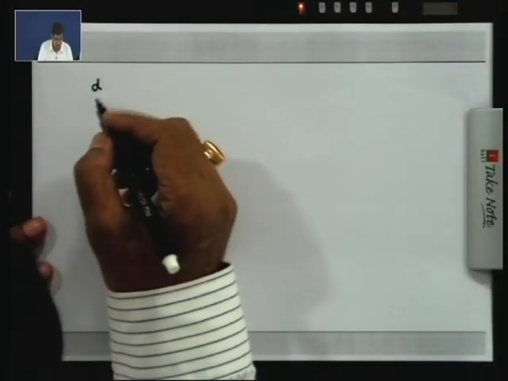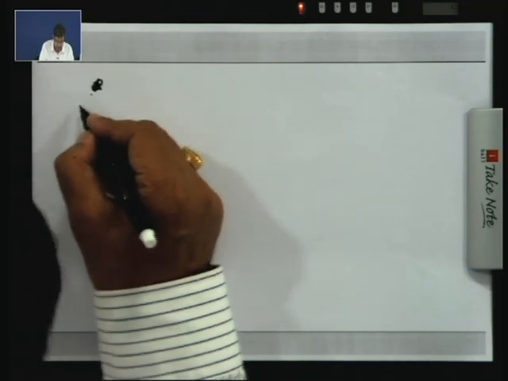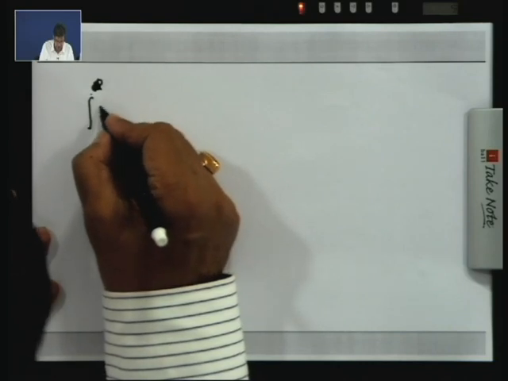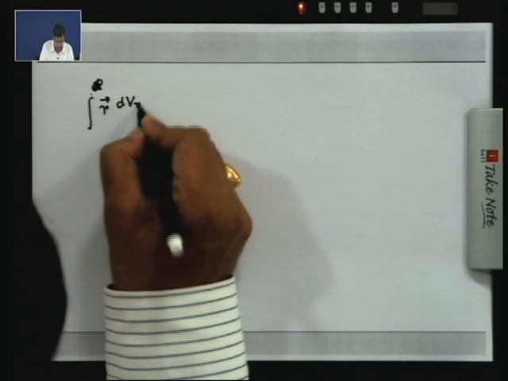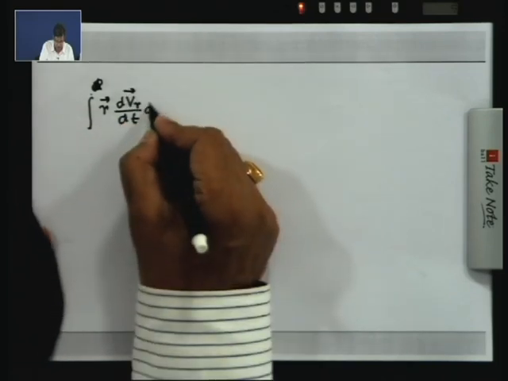Now if we write that, for the system we get r cross dV_R dt dm.